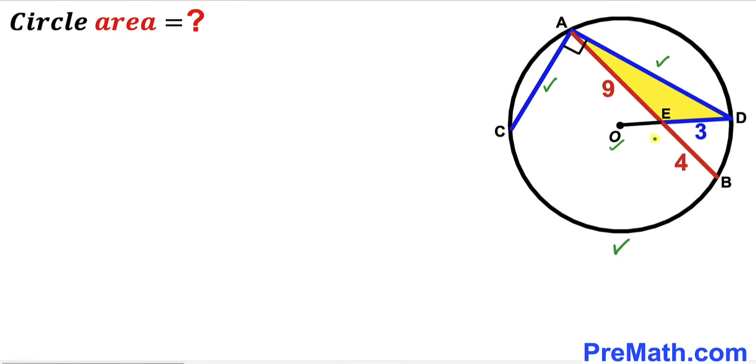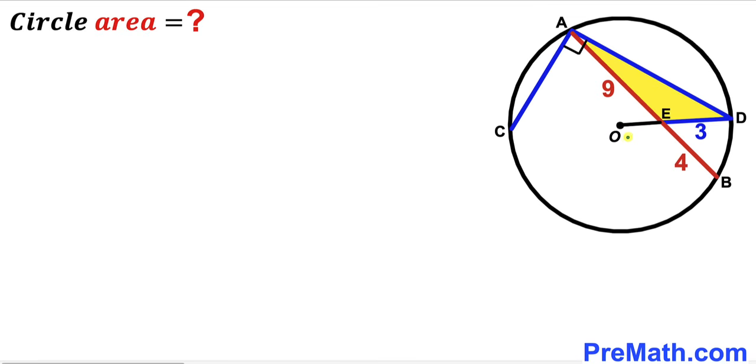In this video, we have got this circle with a center O, along with these chords AC, AD, and AB, as you can see in this given diagram, such that this angle CAD is 90 degrees, and moreover, OD is the radius of this circle.